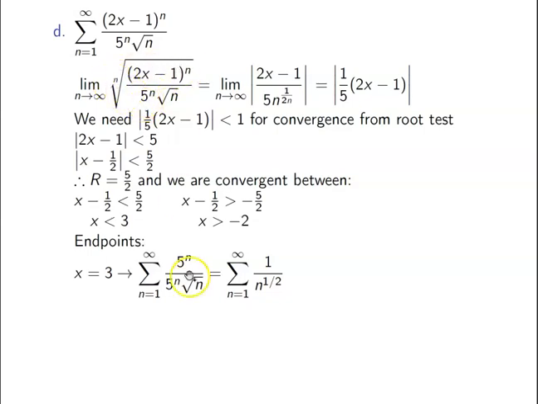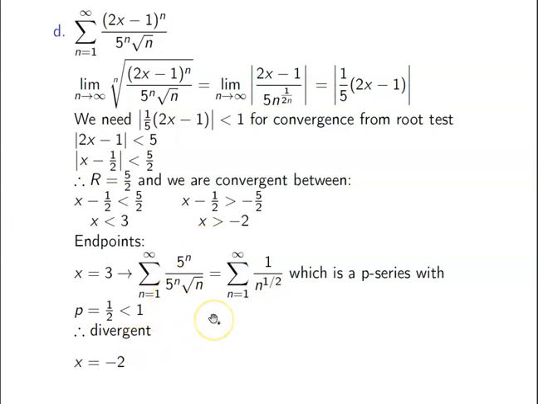You can see it canceled before I even apply the test. So we can see here that this is actually a divergent p-series, because it's less than 1. So at the endpoint of 3, at the largest value, it diverges.